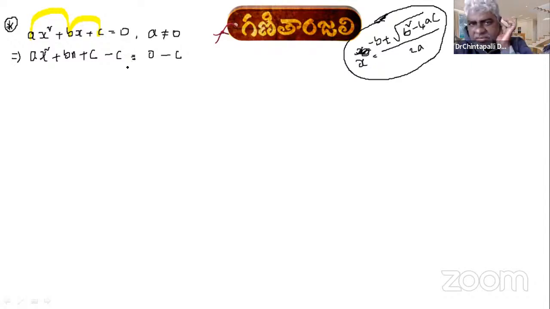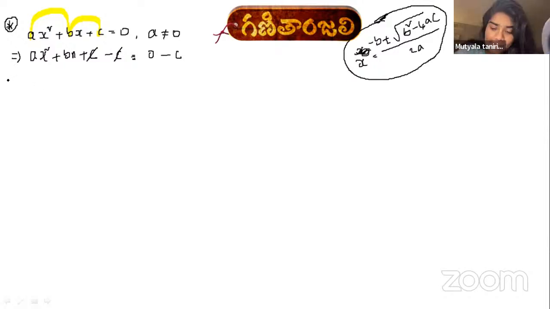You told me this previously, how algebraic equations are solved. Now what happens? Plus c minus c cancels, right?